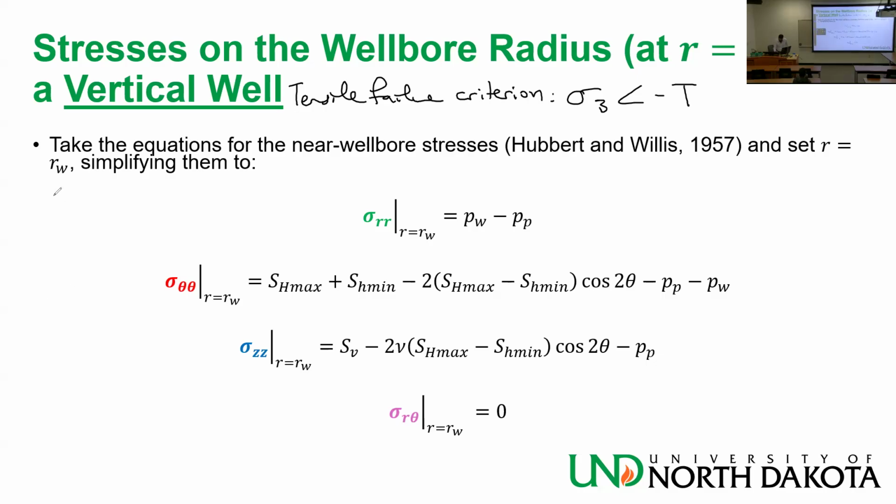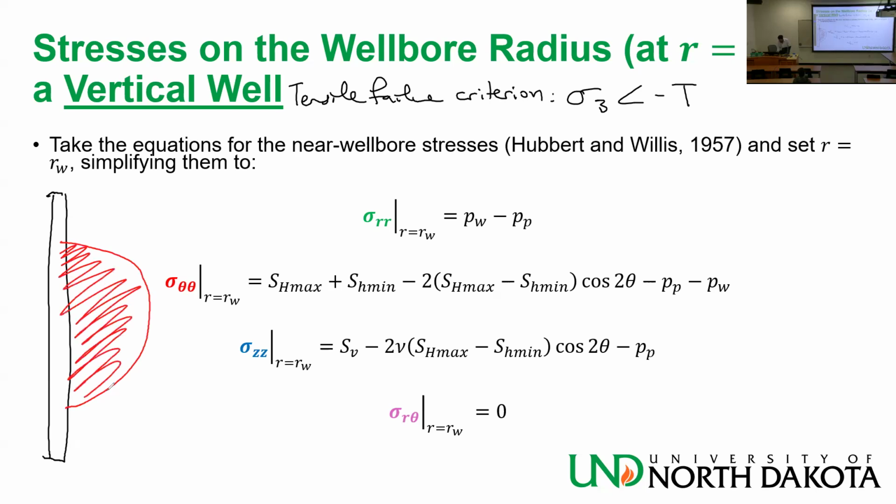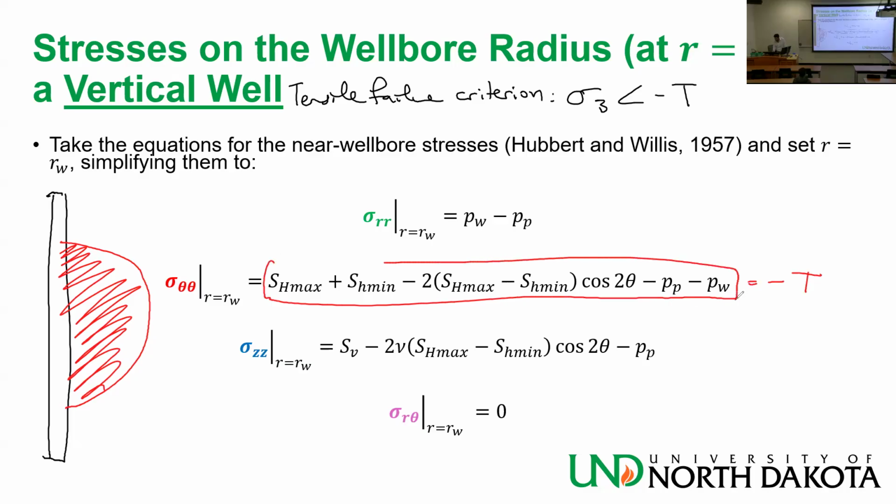Okay, I have a vertical well, and because it's a vertical well, I'm not going to try to draw it, we are old school. We drill the vertical well and we want to stimulate it with a longitudinal fracture. It's a fracture like this, and on the other side as well. So it's opening against sigma theta theta. Hakim said, take this equation, set it equal to minus T, because this equation is basically sigma 3.